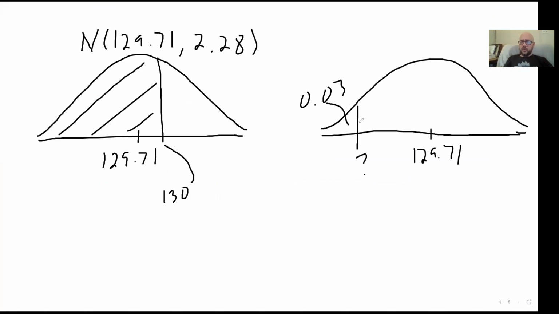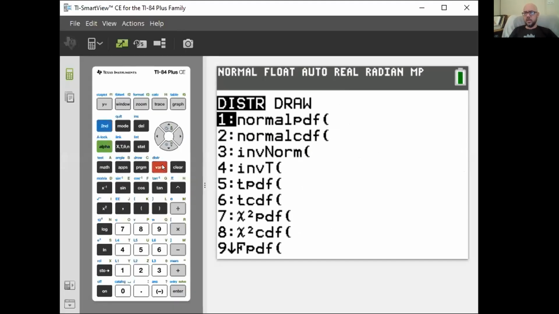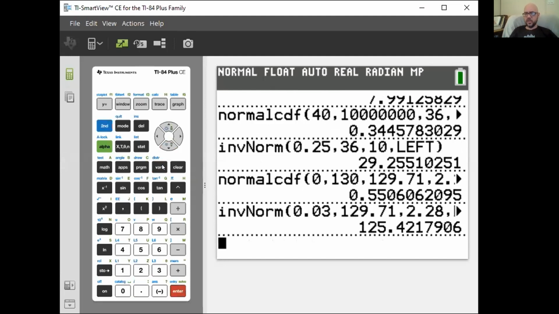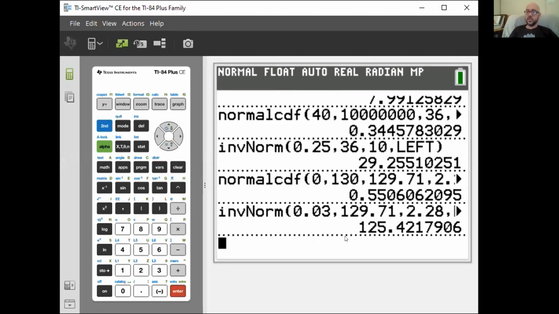So I'm going to do inverse norm of 0.03 with a mean of 129.71 and a standard deviation of 2.28. Left side, that gives 125.42. So this is a number of seconds, right? So 3% of all of her laps are faster than 125.42 seconds. So 125.42 is the third percentile.